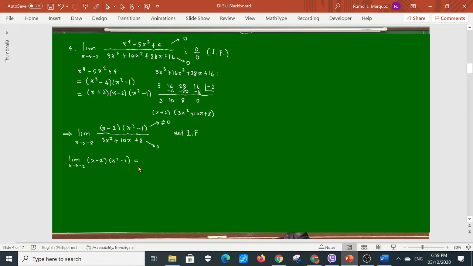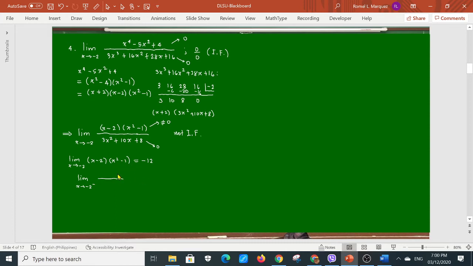Is that correct, guys? 4 minus 1, so times 3. So, negative 12. Correct me if I'm wrong. Negative 12. So, the numerator is negative. Let's see the denominator. Now, the denominator, limit as x approaches negative 2 from the left. You have to check the limit from the left. So, from the left, so we have what?